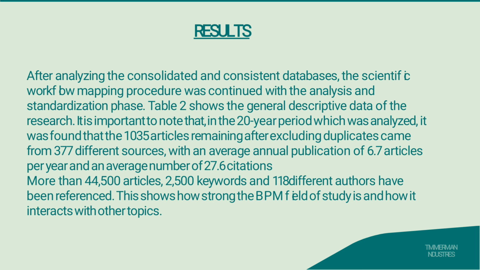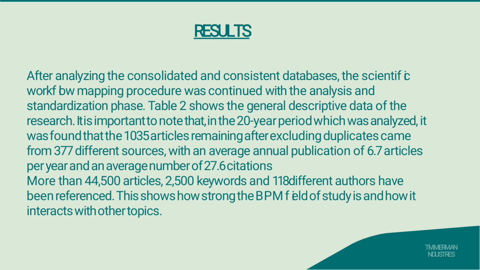Results. After analyzing the consolidated and consistent databases, the science mapping procedure was continued with the analysis and standardization phase. Table 2 shows the general descriptive data of the research. It is important to note that in the 20-year period which was analyzed, it was found that 10,035 articles remaining after excluding duplicates came from 377 different sources with an average annual publication of 6.7 articles per year and an average number of 27.6 citations.